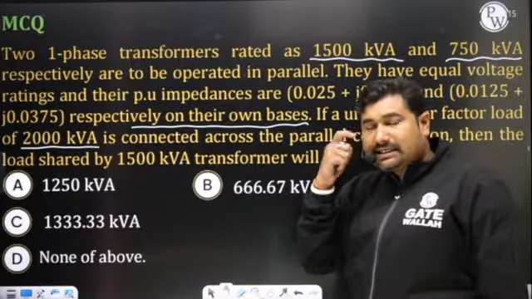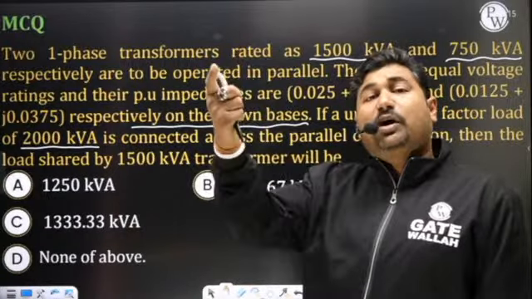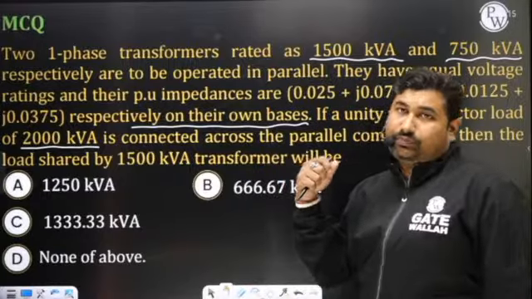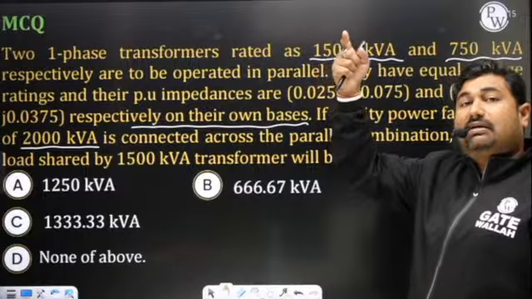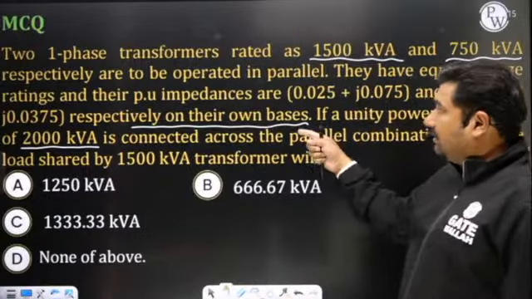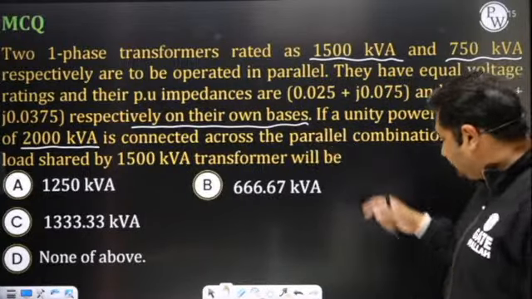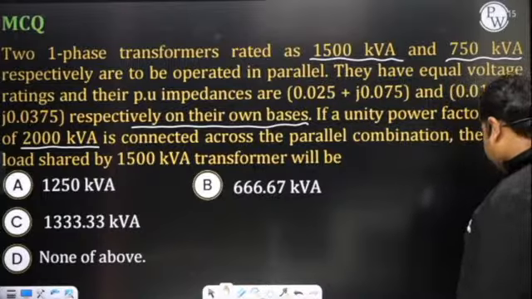I'm also asking what is the maximum possible parallel combination load, whether it can go up to the maximum possible or not, like if we are going to add these two.